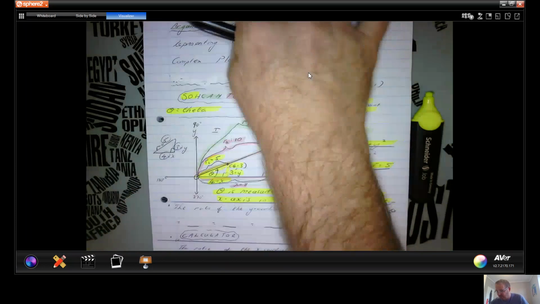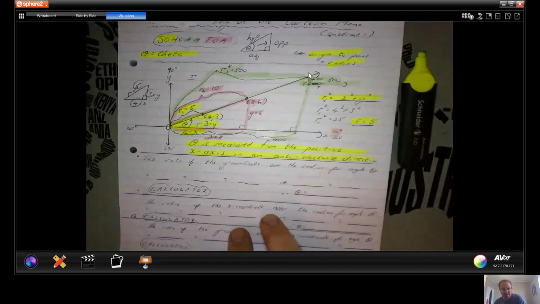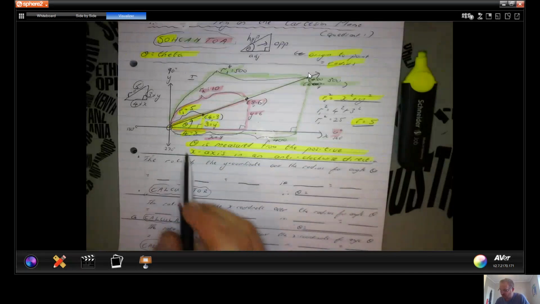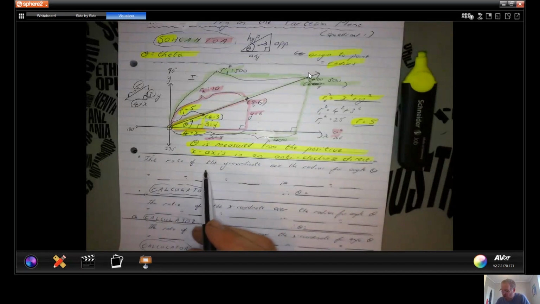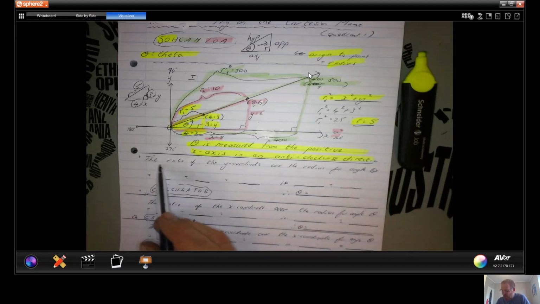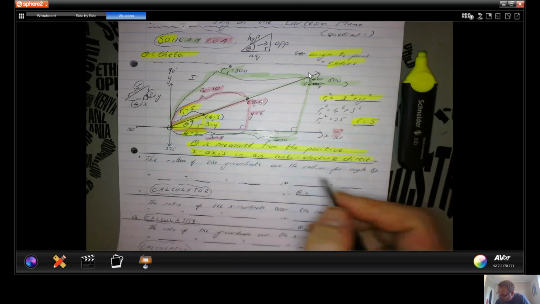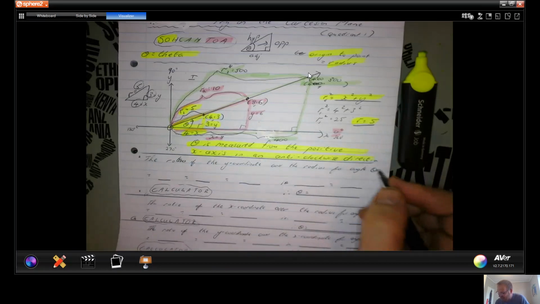So if I move this down a bit and refocus it, this says over here, if you can't read my writing, listen: the ratio of the y-coordinate over the radius for angle theta. I'll say that again, and you can neaten it up. The ratio of the y-coordinate over the radius for the angle theta.